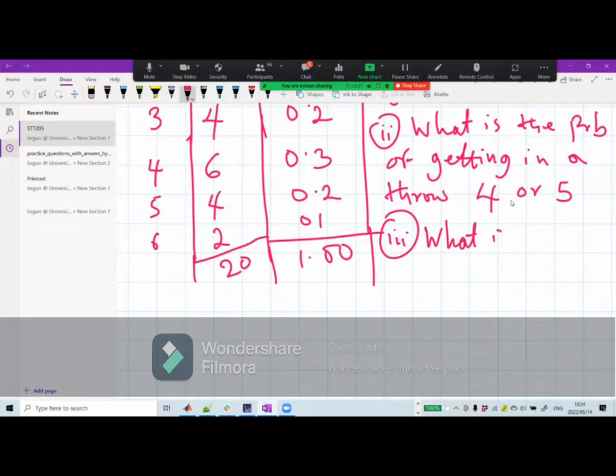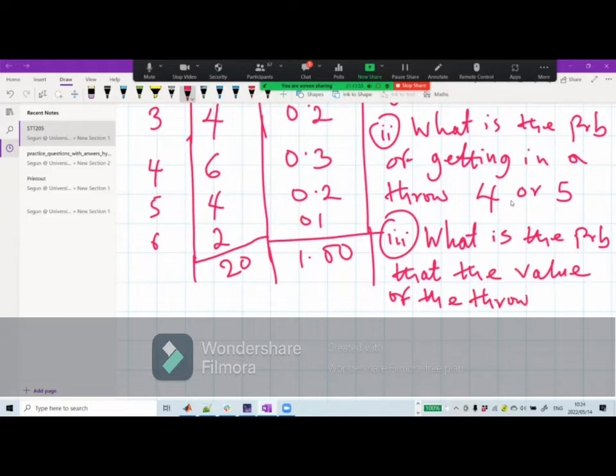What is the probability that the value of the throw will be more than 3?